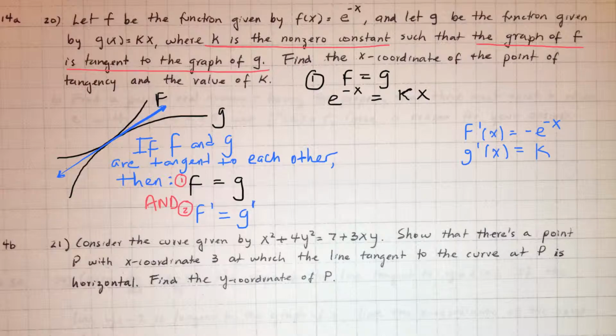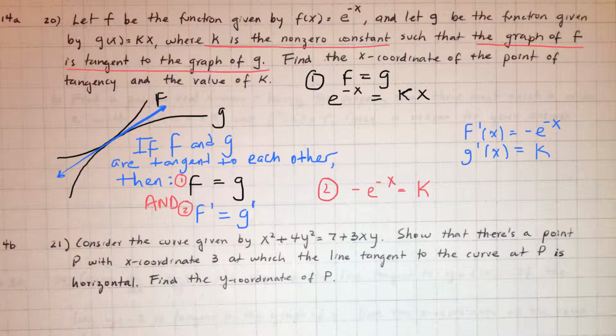Our second equation is negative e to the negative x equals k. And again, I'm stuck with that equation because I don't know x or k.